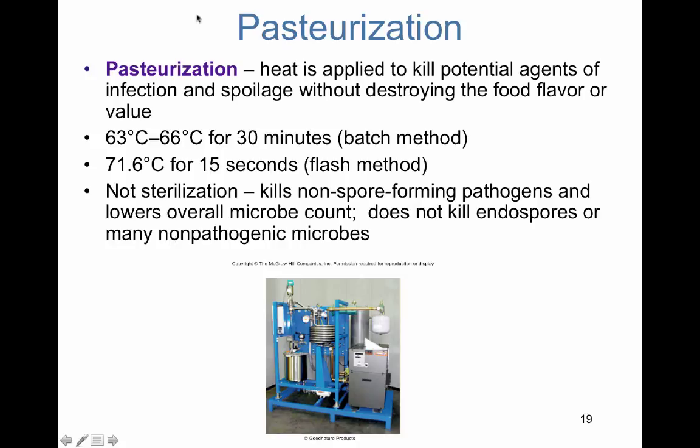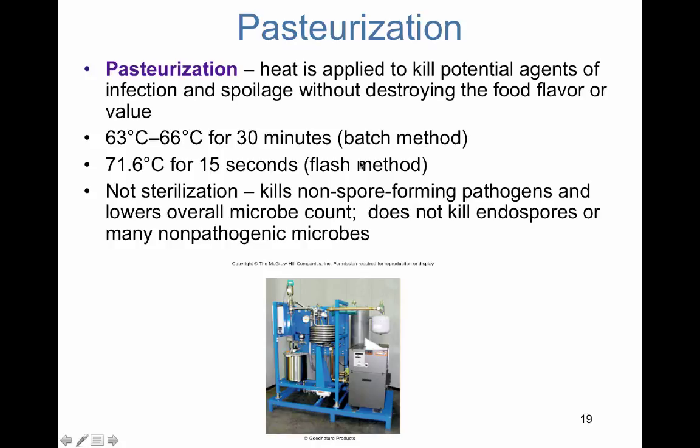Now, pasteurization, similar to boiling, you're applying heat. There are two different methods here. So there's the batch and the flash method. This is heat applied to kill potential agents of infection and spoilage without compromising the food flavor or value. So batch method, lower temperatures for longer duration versus the flash.